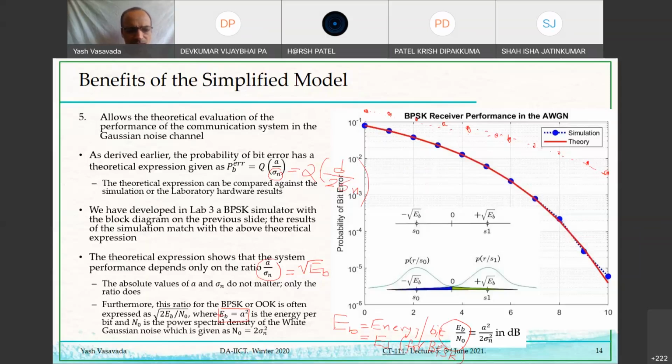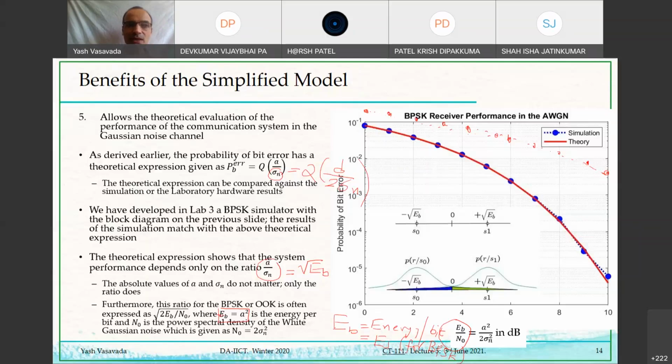The reason I'm doing that is that sometimes this voltage value A is not as, how should I say it, the energy is more of a common engineering concept rather than the voltage.